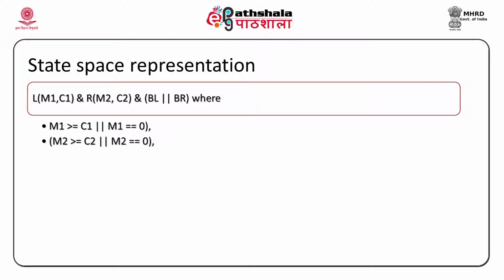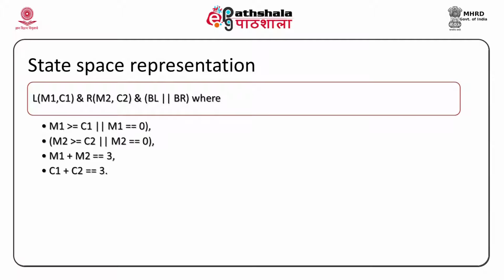That precisely describes our requirement: the number of missionaries should be more than or equal to the number of cannibals on either side of the river. And M1 plus M2 is 3 and C1 plus C2 is also 3. So, no state will have a number of missionaries other than 3 or a number of cannibals other than 3.